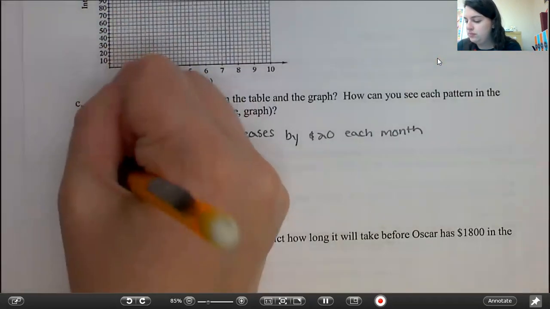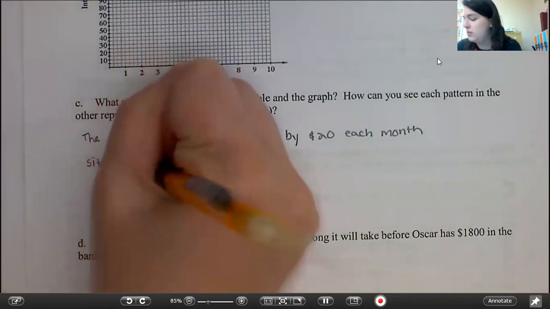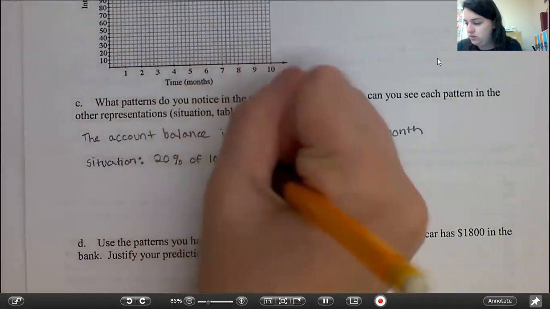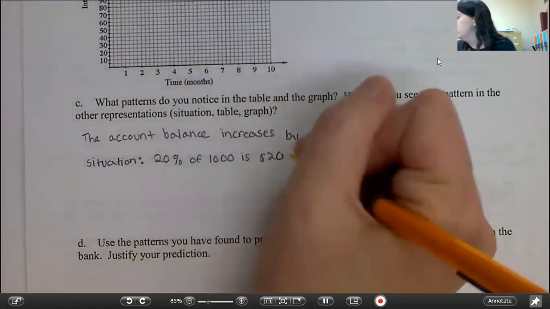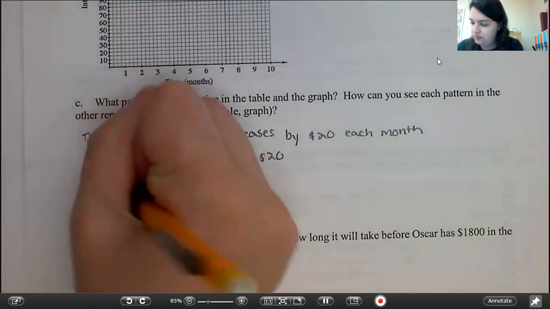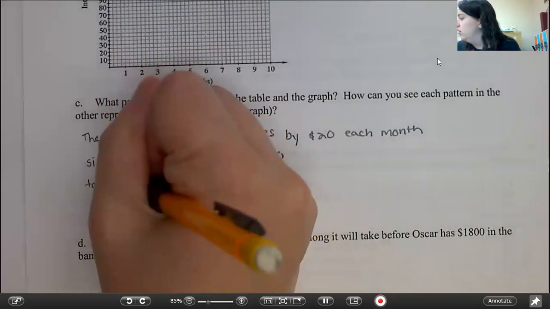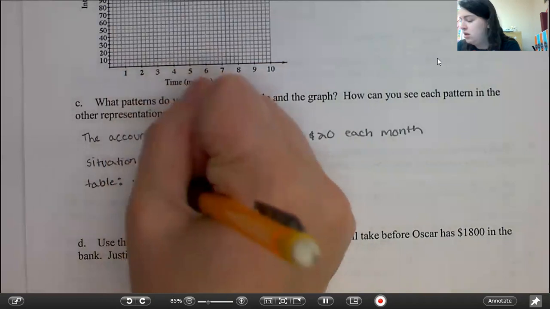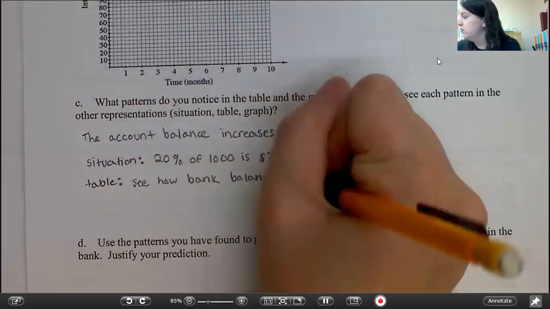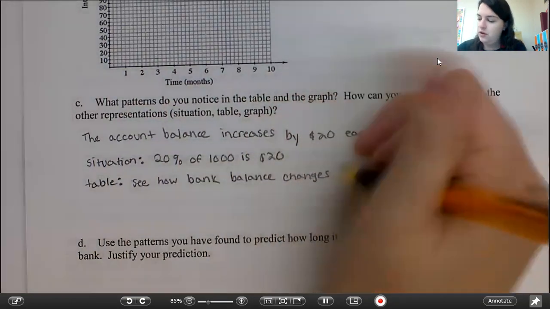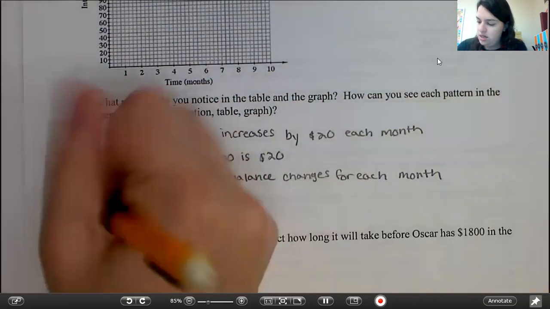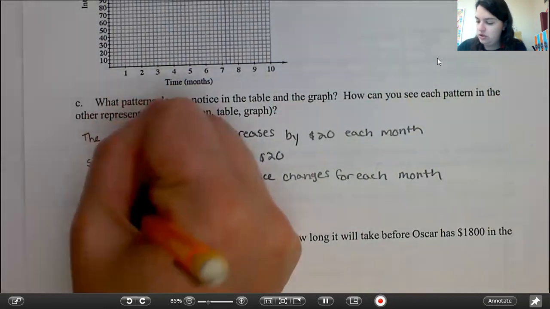So in the situation, 2% of 1,000 is $20. The table, you can see how the bank balance changes for each month. And in the graph, it's your slope triangles.